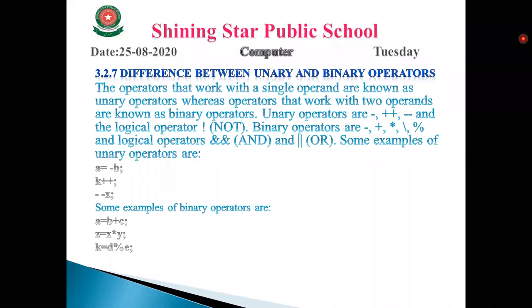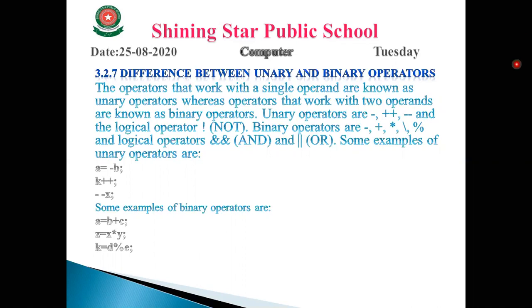Now, whenever we have an operator, let's suppose plus, minus, multiply, divide, we have to apply this operator on some data. Let's suppose the operator is plus. Whenever we have an operator, we must apply it on some data. We write 5 plus 6 equal to 11.